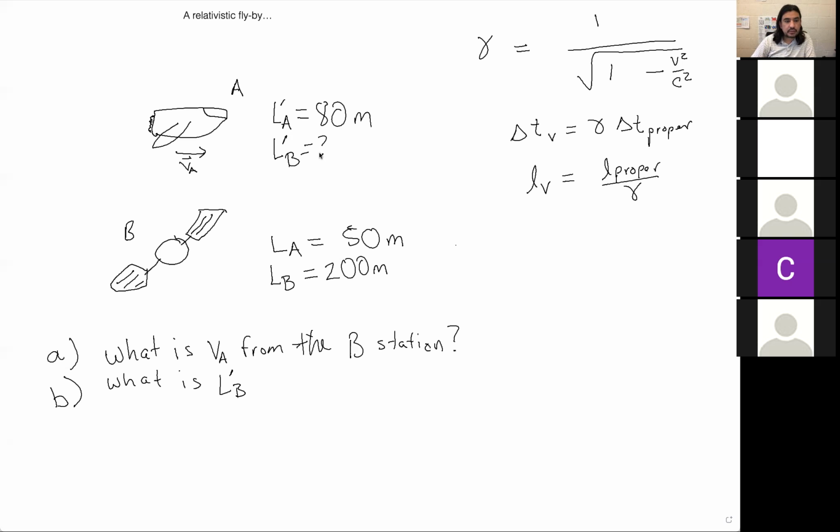Wait, so what is LB again? So length of B is the length of the space station, right? From the point of view of the people on the spaceship, in their frame of reference, they measure this distance to be 200 meters. The people in the spaceship, they're doing their flyby and they can measure the length of this guy, right? Since they're traveling at the speed that you found, what is the length that they would see here as opposed to this one?